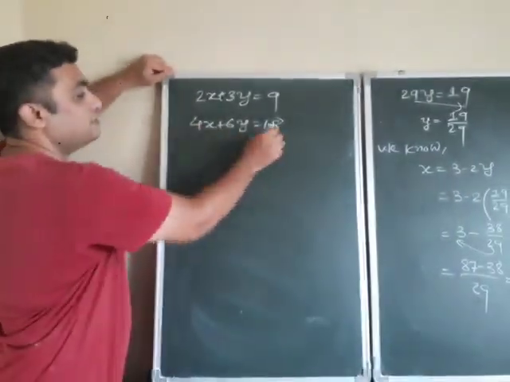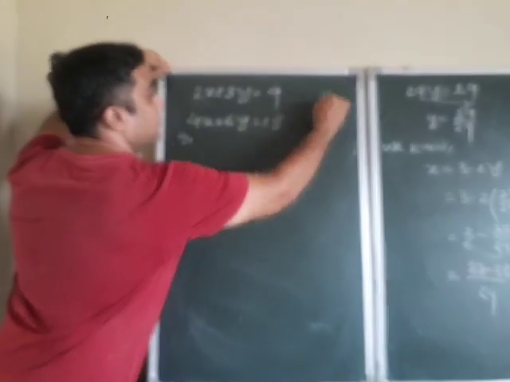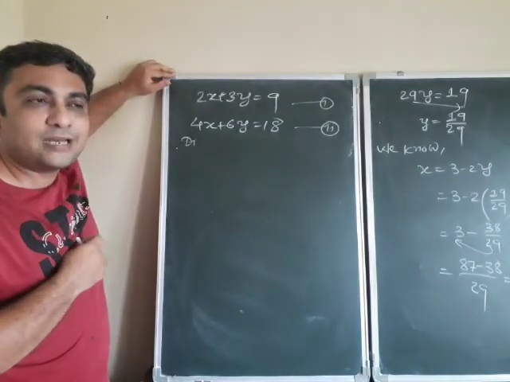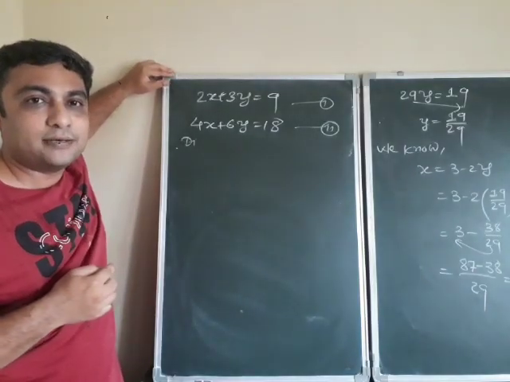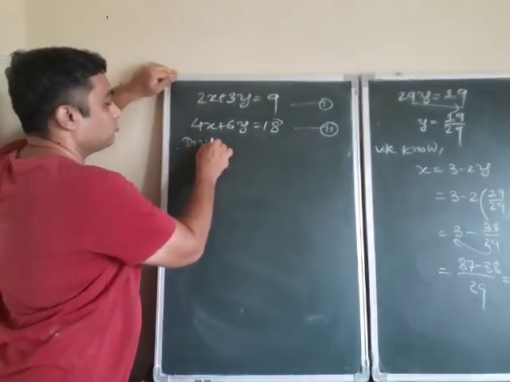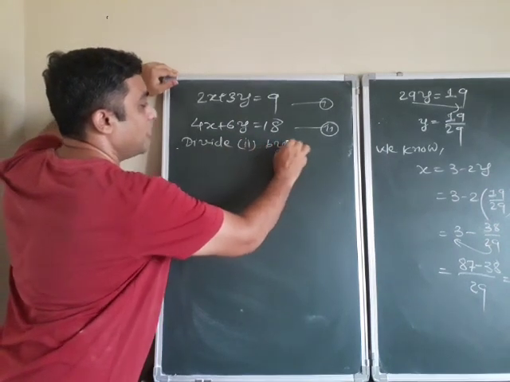So let me divide this by 2. This one is my first equation and this one is my second equation. We say first and second so that we are not confused, and for that we are giving the names. So let me divide equation number 2 by 2.